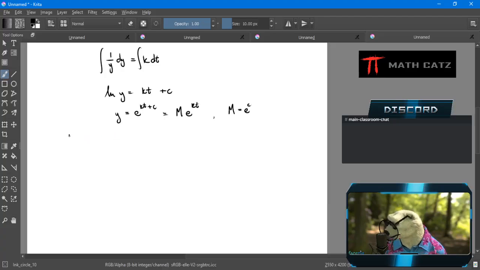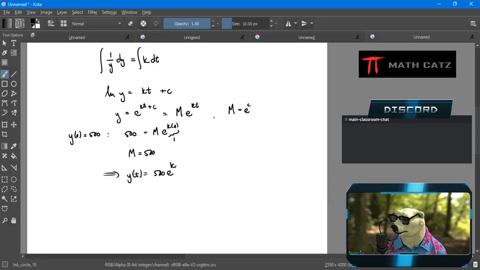So I then use the fact that my initial population is 500, plug it in, 500 for y, 0 for t, to get M equal to 500. And big surprise, my function is the initial population times e to the kt.